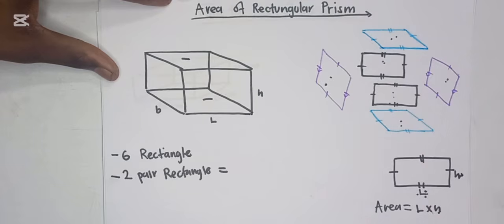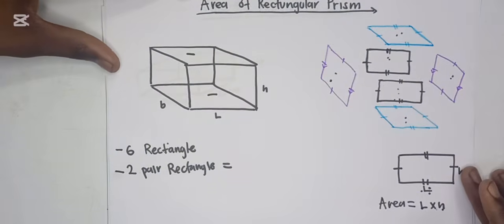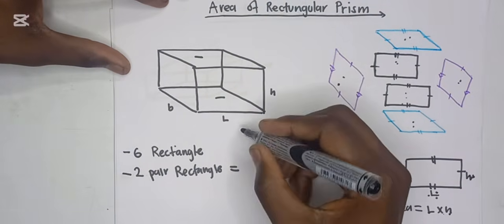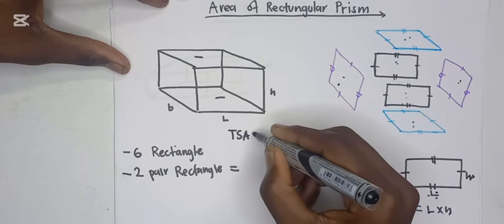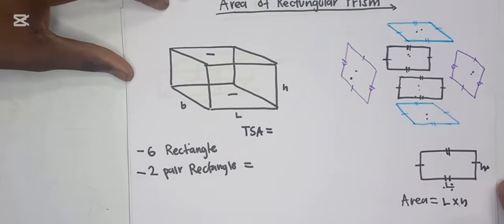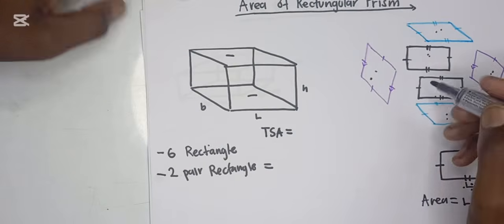And keep in mind that the two pairs of opposite rectangles are equal. Let me first demonstrate with the two parts that are here.